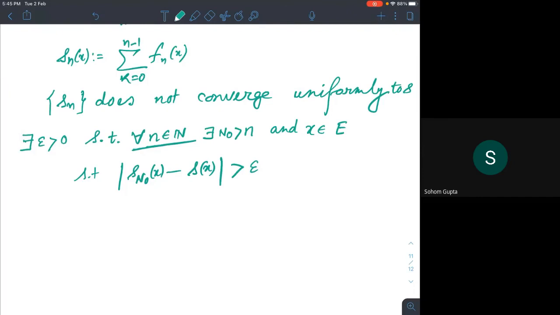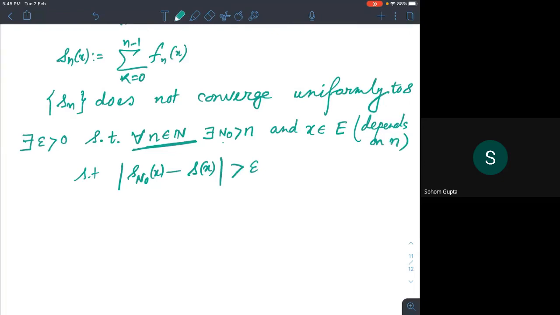No, we need the negation of uniform convergence, right? Yes, we need the negation of uniform convergence. So for all n, there exists n naught and x depends on n naught, or depends on n rather.